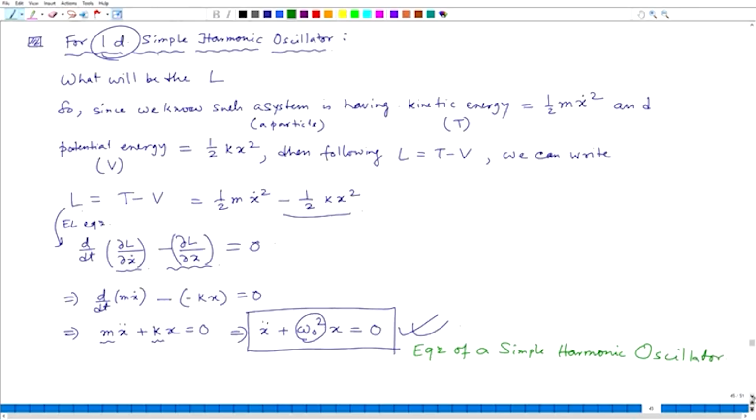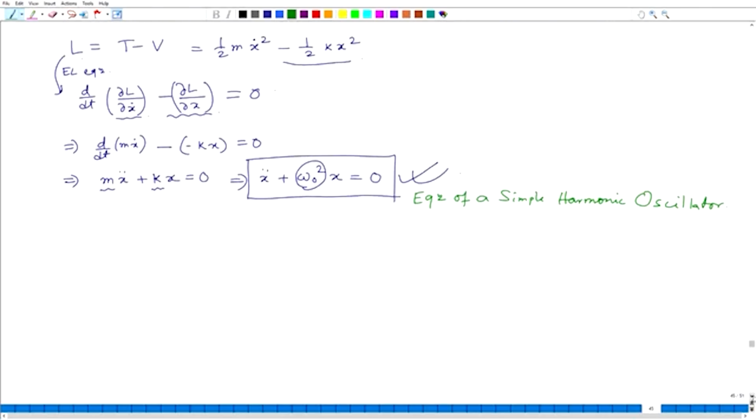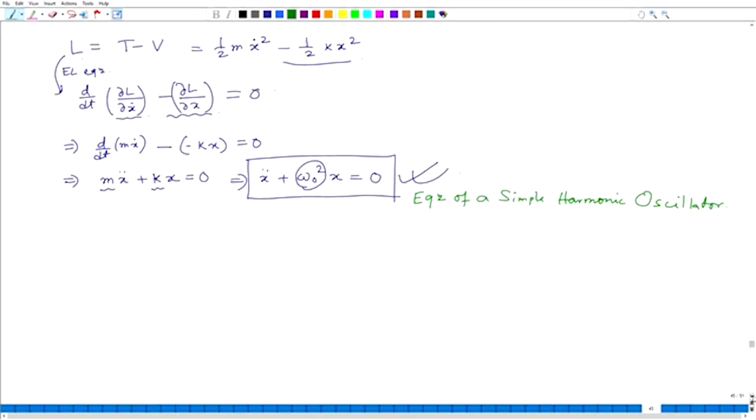But now, in the next step I will not follow the same way. I will give you the Lagrangian, then we solve the Euler-Lagrange equation, and we together understand exactly to which system this Lagrangian corresponds.